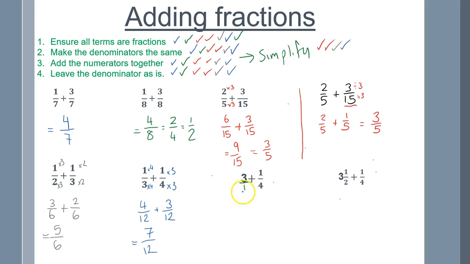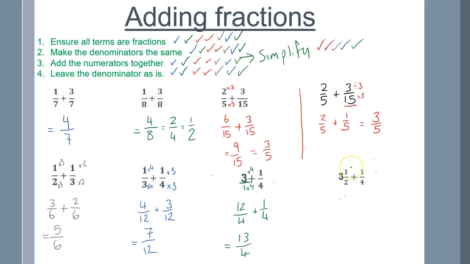I'm only going to change this fraction. I'm going to times the top and the bottom by 4, and change that fraction into 12 over 4. Okay, so tick, denominators are the same. We're going to add the numerators together. Tick. We're going to leave the denominator as it is, which is 4. Tick. We're going to simplify. We can't. Done.